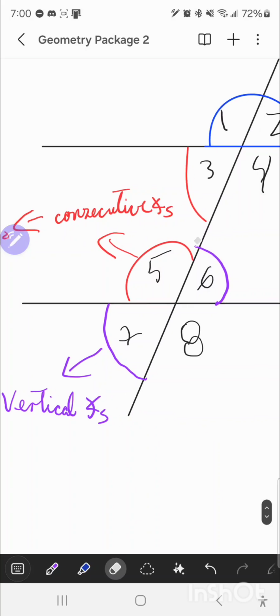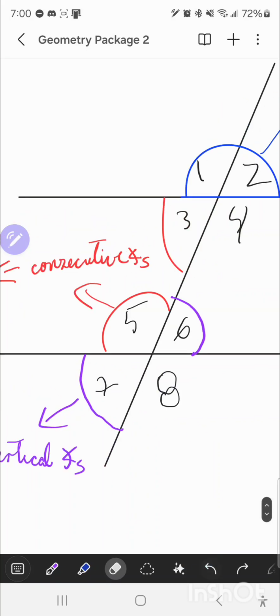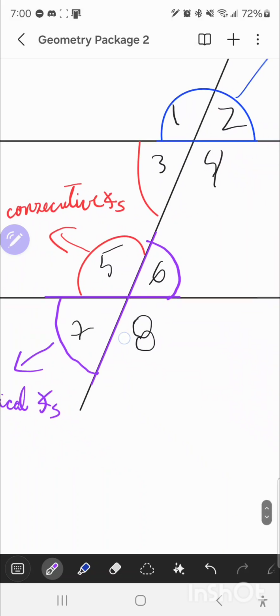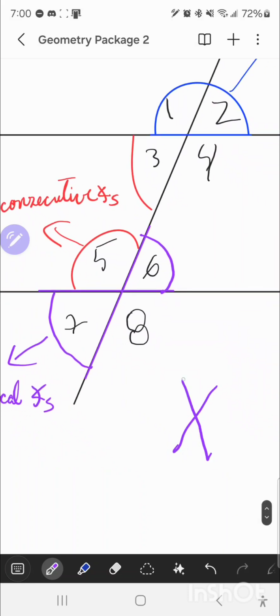And for vertical angles, I just like to think about an X. So I have this, and I have this, and I say, okay, the ones that are inside the X, you can even say, forming like a sun wash.